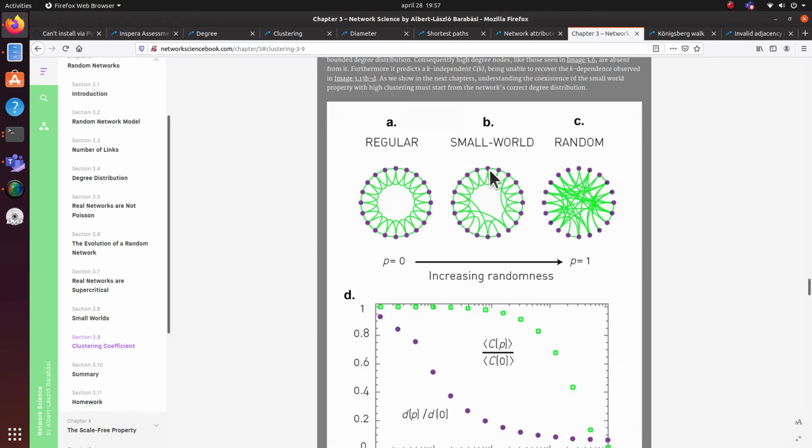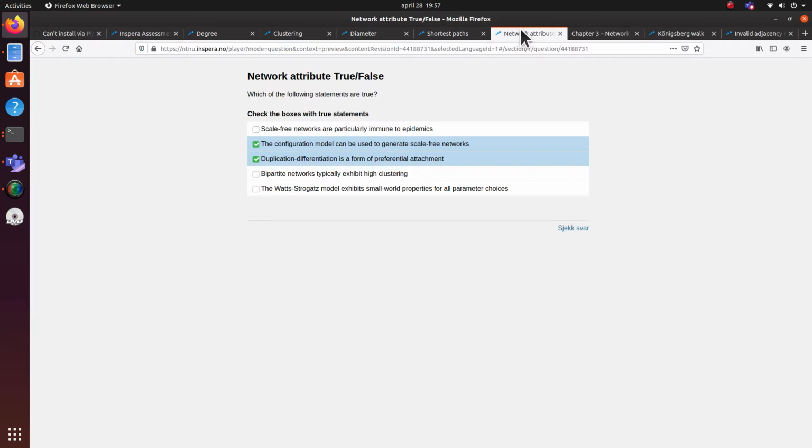Just in the same way as you can say that a clique is an Erdős-Renyi network with a very high degree, with the total number of edges picked to be the theoretical maximum. And so, in the strict sense of the question, the Watts-Strogatz model does not exhibit small world properties for all parameter choices.